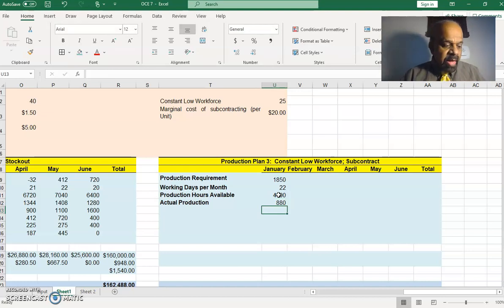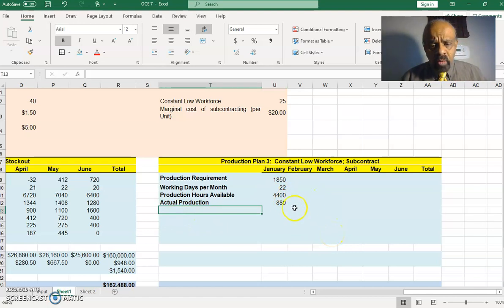So 880 units can be made with 25 people to meet the production requirement of 1850. So now we can make 880, but actually we need 1850. So there is quite a number of units that we need to get, but we don't have enough workers.